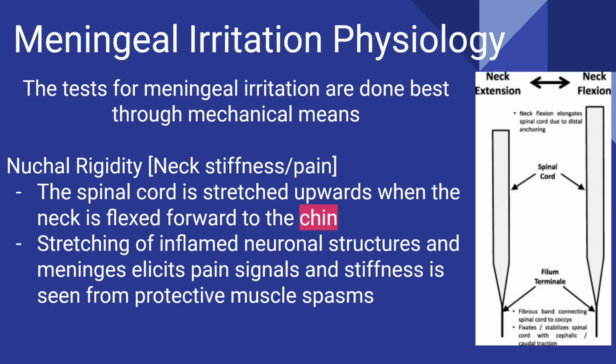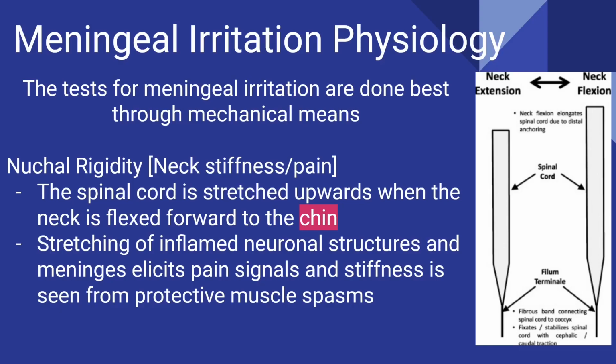So what you end up seeing is when you tilt your head forward to position your chin to your chest, that spinal cord must travel with your skull. Because you're lengthening that distance slightly, your spinal cord is stretched. Because it's tethered to the bottom, down near your tailbone, the only thing the spinal cord is allowed to do is stretch.